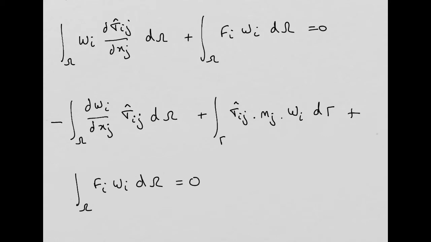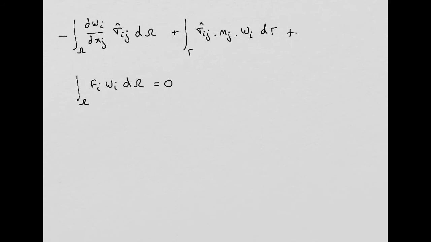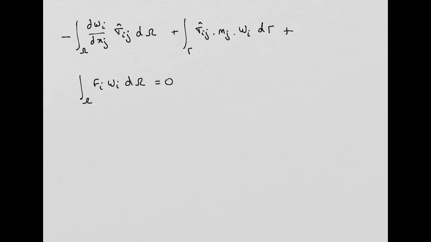We can organize this in a more convenient way, so I'm going to copy this result of using the Green theorem to a new page. So this, the product of the stress tensor with the normal to the shear plane, we know this is the stress vector.